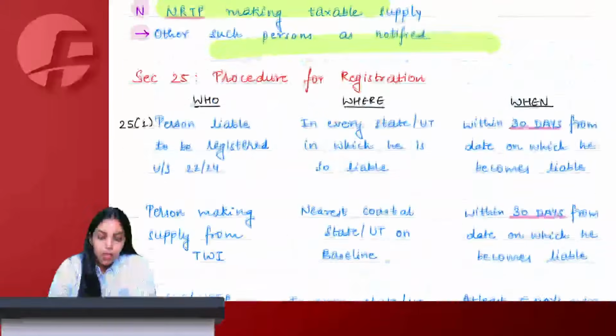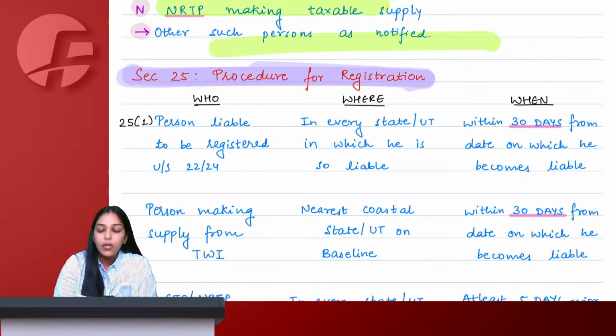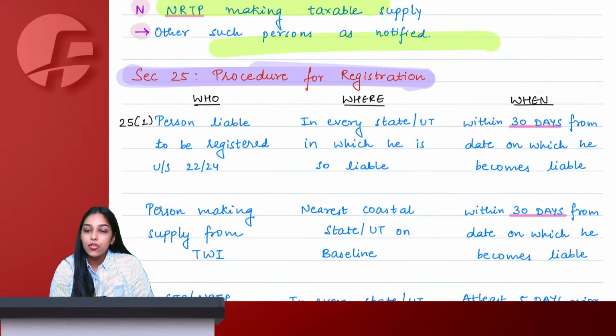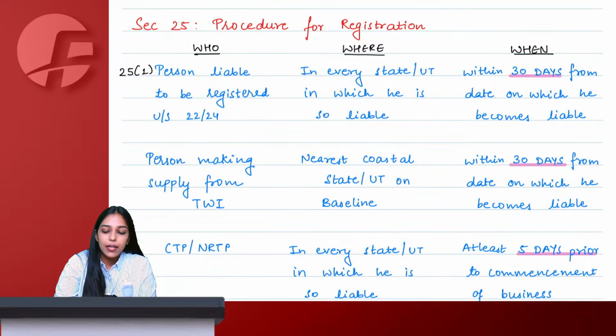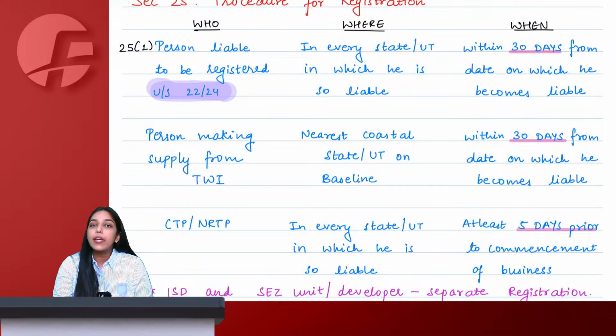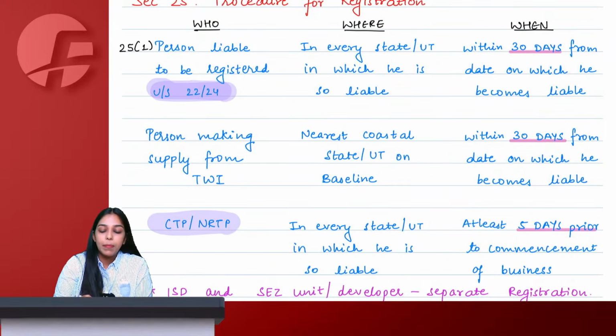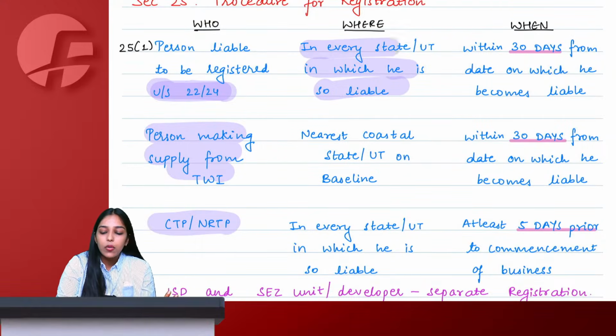Yes, ma'am. Now we start with section 25, which talks about the procedure for registration. Procedure first of all simply says who will be required to take registration. Every person who is liable under 22 to 24, CTP, NRTP, or a person making supplies from territorial waters of India. Where will they be liable? Wherever they are doing business.